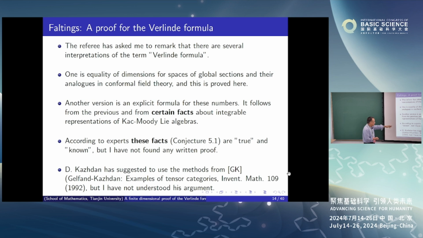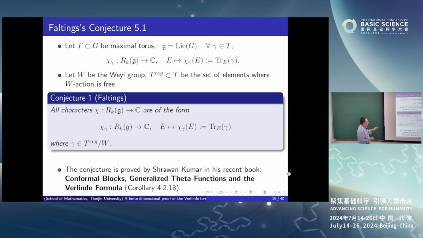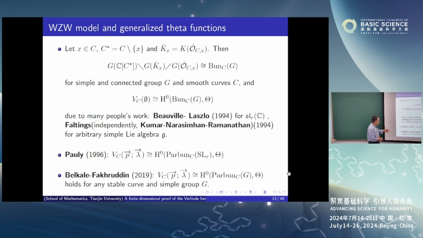But he said, what are those facts? In fact, he proved those facts for some classical groups, but he put the general case as a conjecture. So, in fact, it's how to determine the characters.